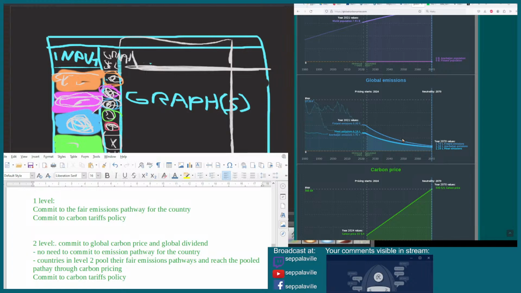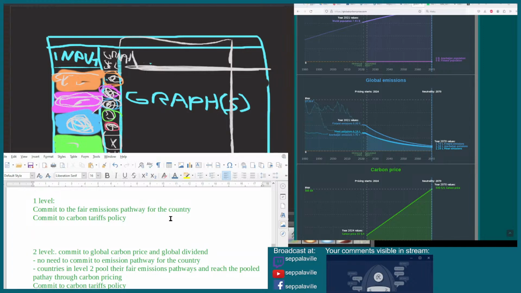I think what's interesting about this fairness consideration is that I could make an estimate of like this would be nearly X% a year. Like Finland commits to reduce, let's say, 4% per year compared to the previous year.